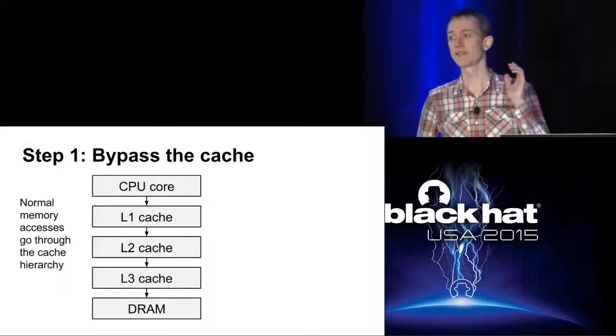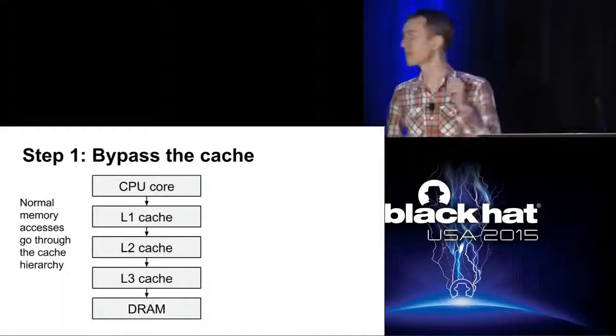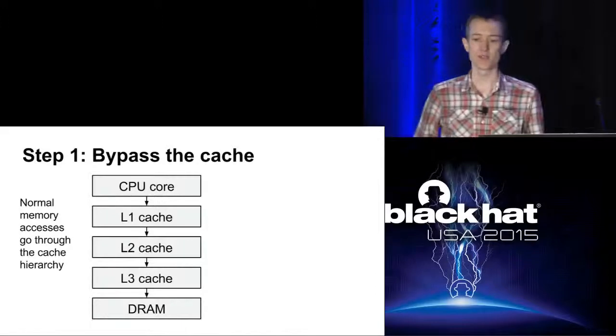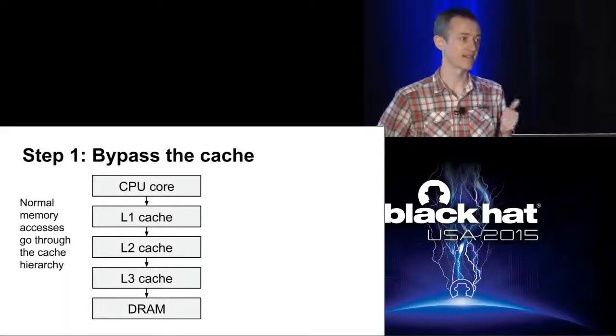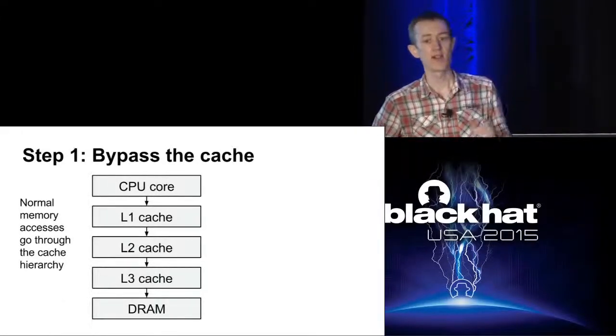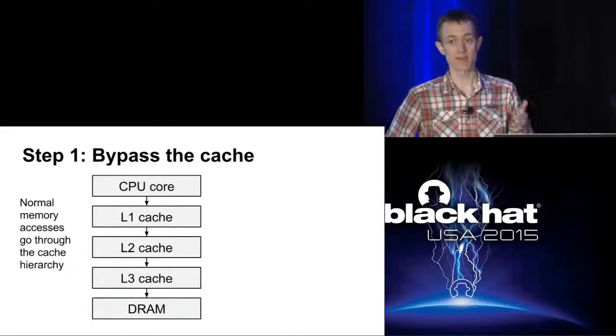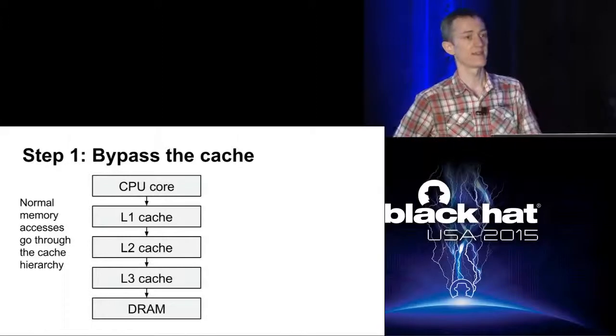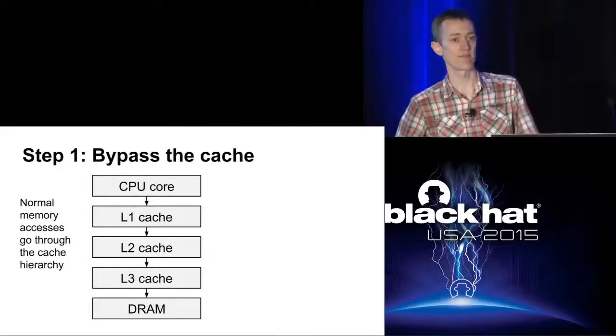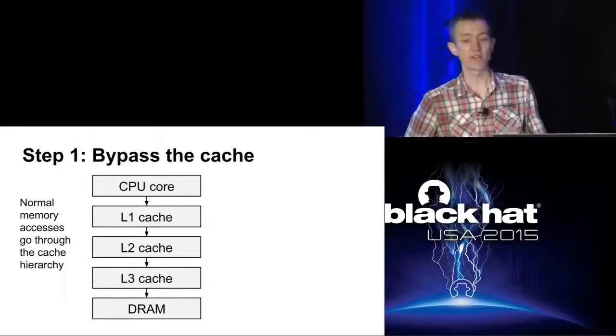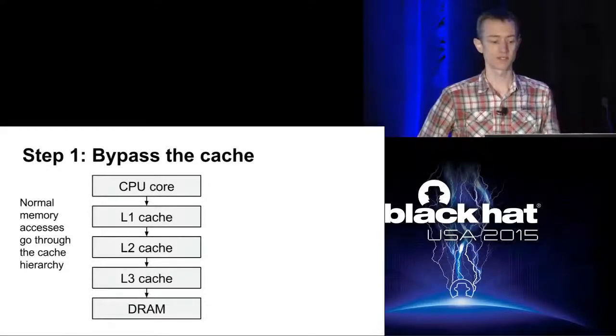There are basically 2 requirements for that. The first one is that you have to cause accesses to the underlying DRAM. You can't just do normal memory accesses to the same memory location repeatedly, because those will get served from the cache. So you have to find a way to bypass the cache.